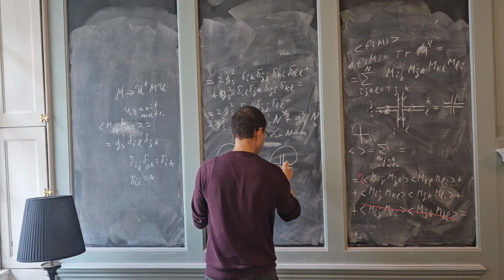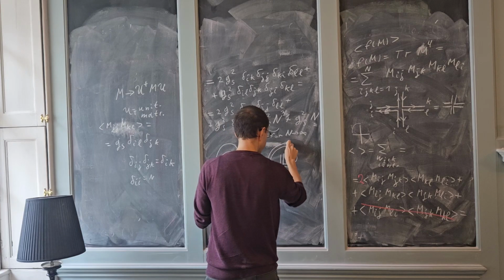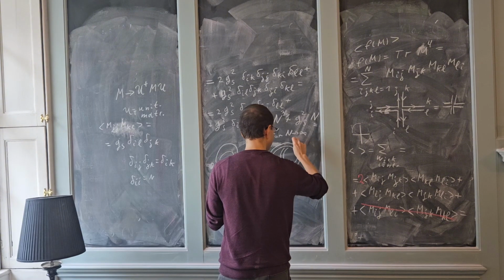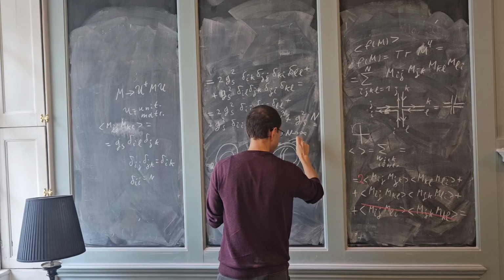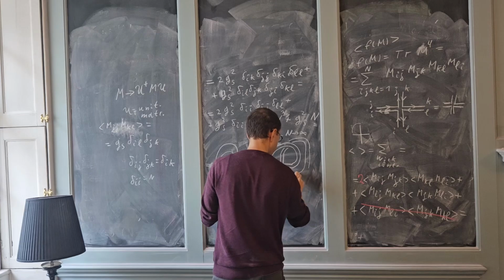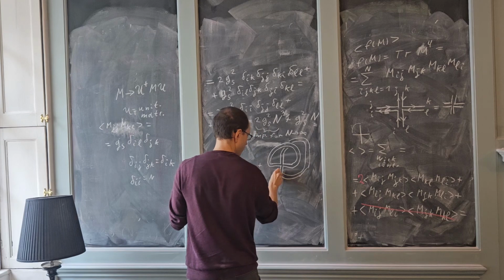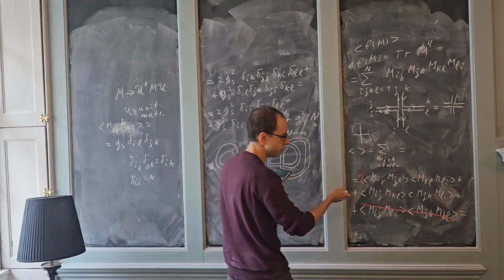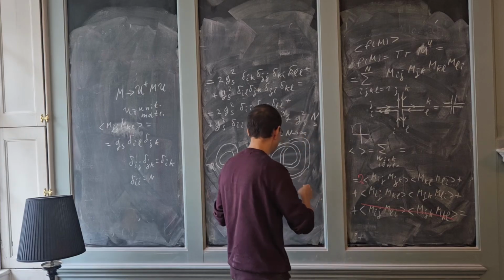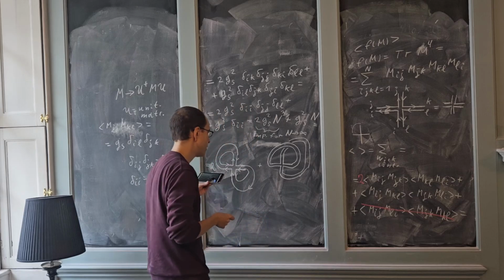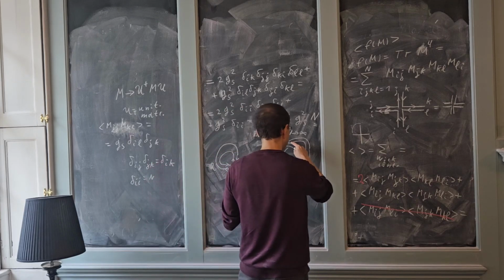And so this contracts there, this contracts there, and then this guy goes underneath, like that. And then it contracts down to here. If you carefully track which index contracts to which, I'm not going to do it right now, I leave it as an exercise. Then you will see that this is the picture that you get.